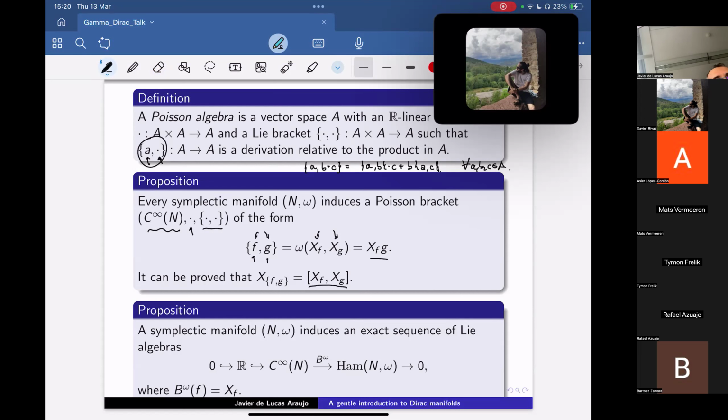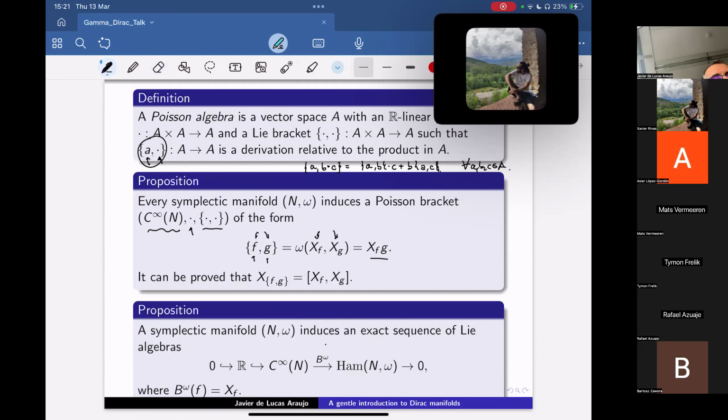Mathematicians don't like it as much because the following proposition doesn't exactly hold. I mean, the following proposition says that every symplectic manifold induces an exact sequence of Lie algebras in this manner. Okay, so here you have the zero, you have here R. This is just the inclusion of the real numbers as constant functions on the space of functions.